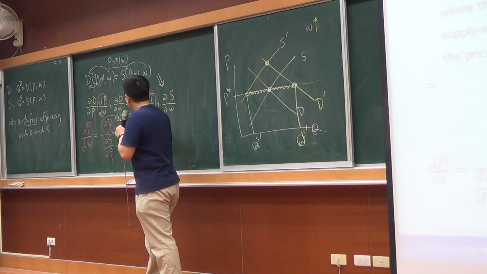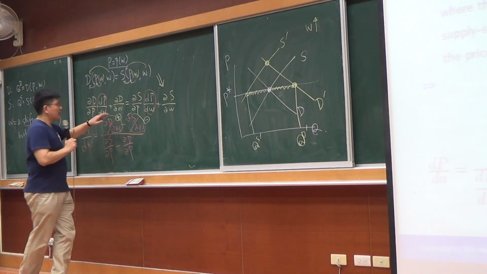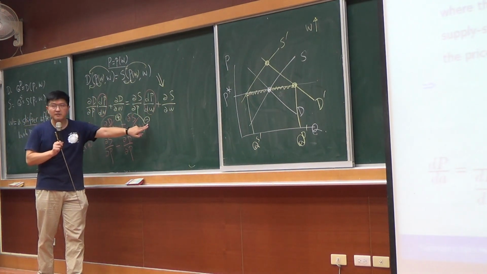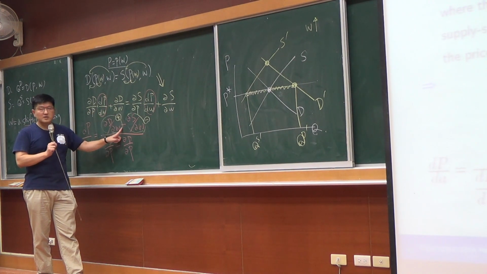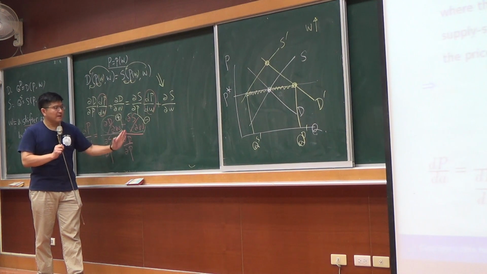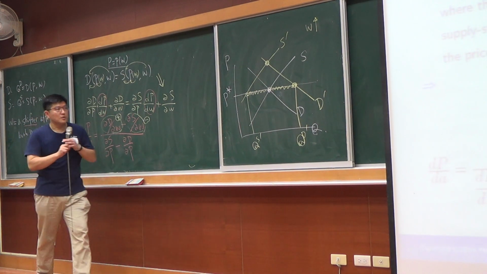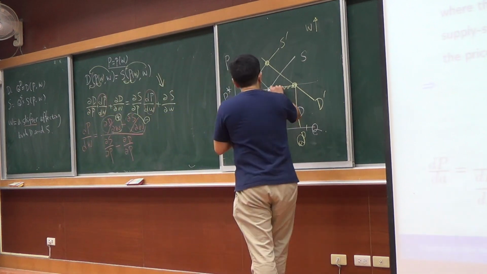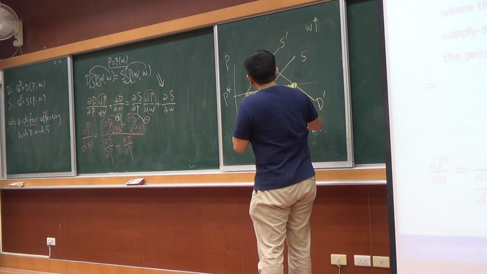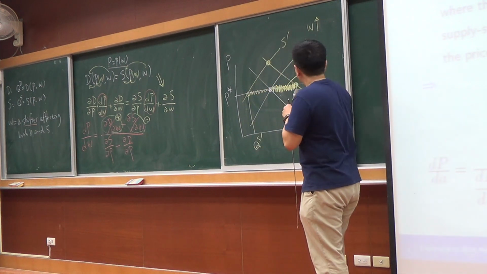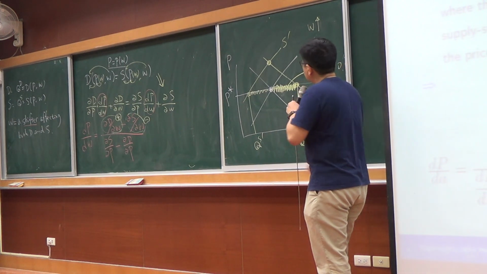To the left should be negative, right? And you see a positive minus negative, so it would be the absolute size of this one plus the absolute size of this one, right? So this part corresponds to what? Partial D, partial W is positive.